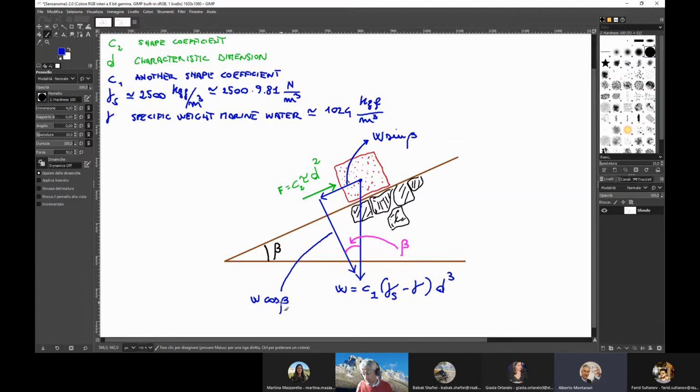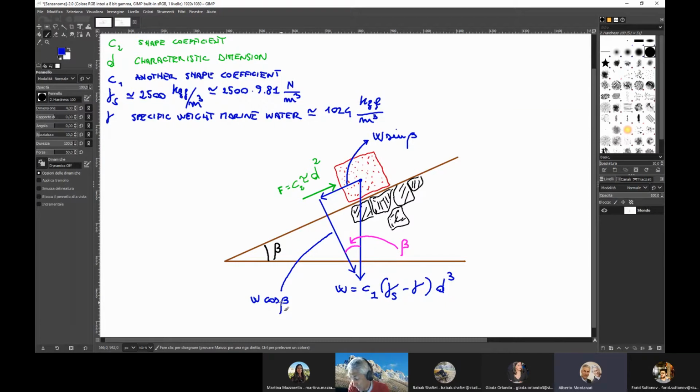But before studying the equilibrium, let's say that first of all, the W sin beta, the component that is parallel to the side of the groin, is a stabilizing force with respect to wave run-up. This is clear because it's opposing the green force given by the shear stress. Very good. Now, what about the component that is perpendicular to the side of the groin?